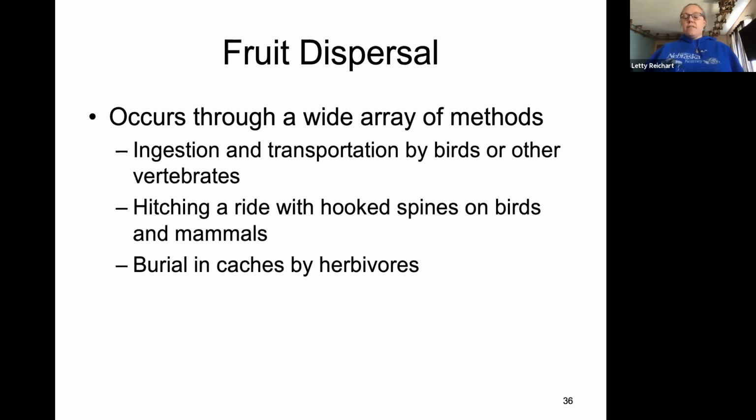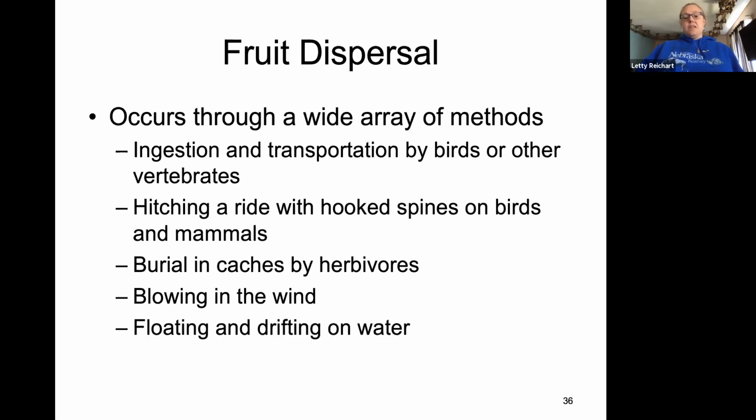There's a lot of organisms that participate in that behavior, from rodents, which would include anything from kangaroo rats to squirrels to mice, but also bird species. Many of the oak trees are planted by blue jays that cache oak seeds. Some seeds blow in the wind, and some seeds can move and float along the water.